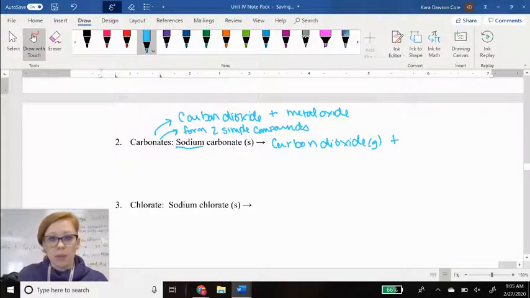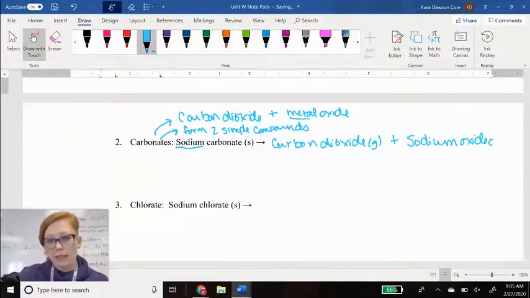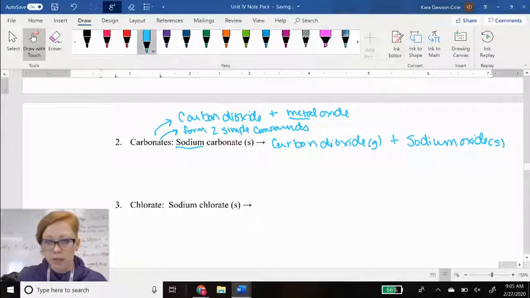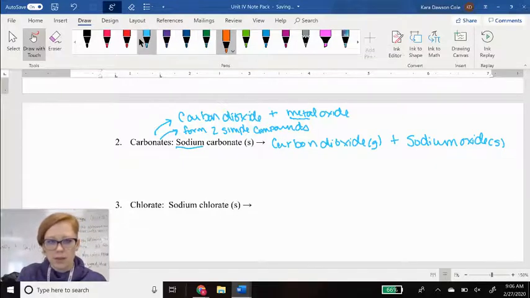My metal here is sodium, so I'm going to form sodium oxide. And this is going to be a solid. Always, your oxide compounds are going to be solids. So you know that.